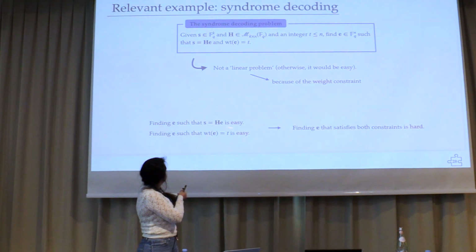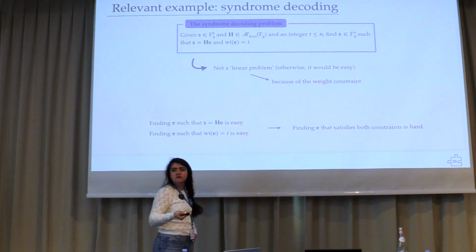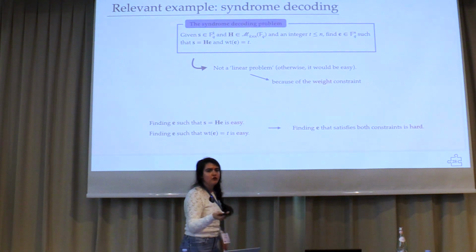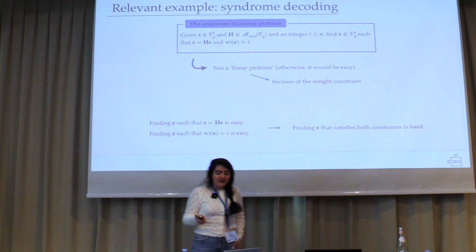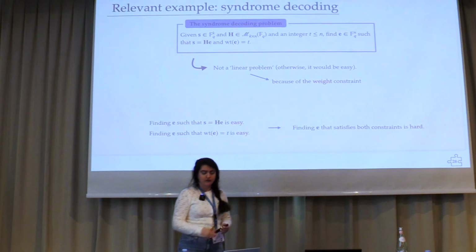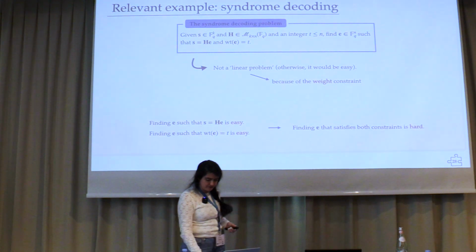Finding e of this Hamming weight is also easy, there are a lot of them, well, still a small fraction of all. But finding e that satisfies both constraints at the same time is what brings the hardness of the problem.